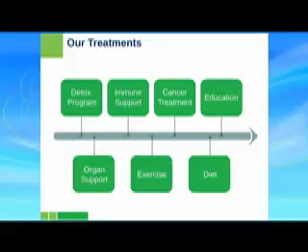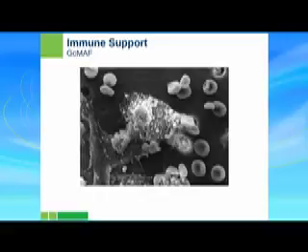Many studies prove that GC-MAF is not only an immune activator but can also be used in cancer treatments. The next slide is showing you macrophages attacking a cancer cell. I don't know if you can see my arrow here, but the one with the spikes is the cancer cell, and the round cells on it are the macrophages.